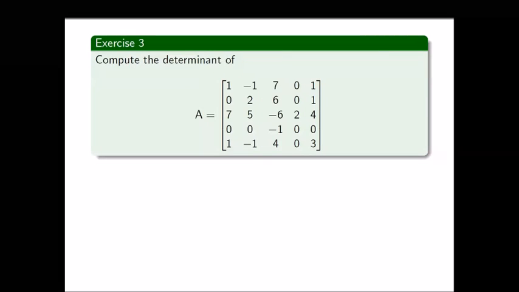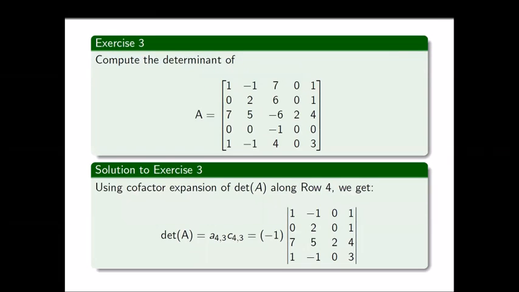Let's look at another exercise. We want to compute the determinant of this 5 by 5 matrix. Now if we have to use cofactor expansion, we have to make a choice about which row or column we want to use for the expansion. So we're going to use row 4 because it has 5 entries and 4 of them are 0.